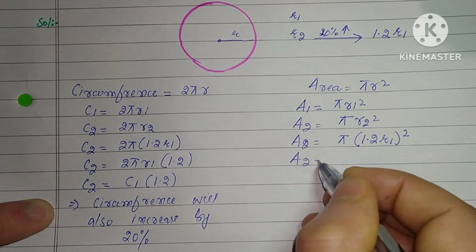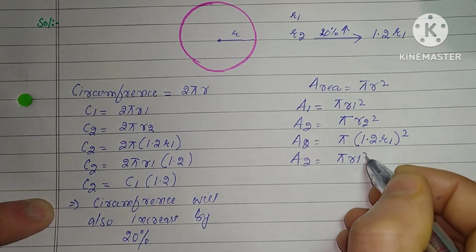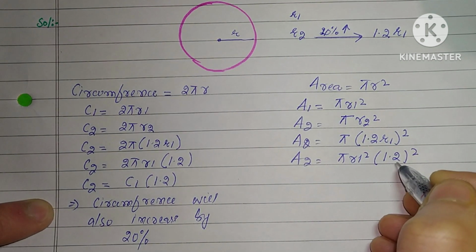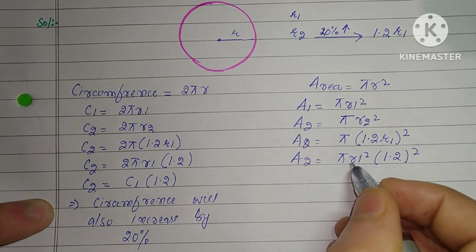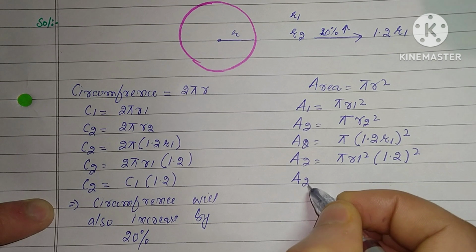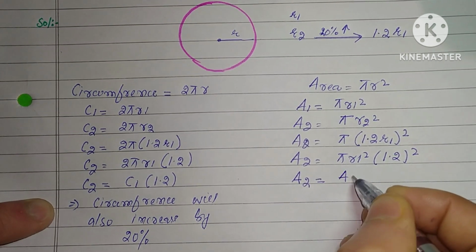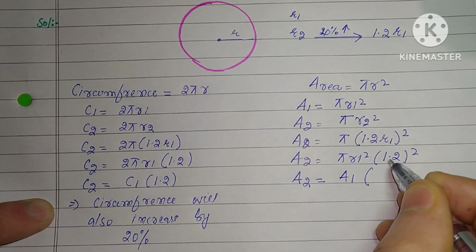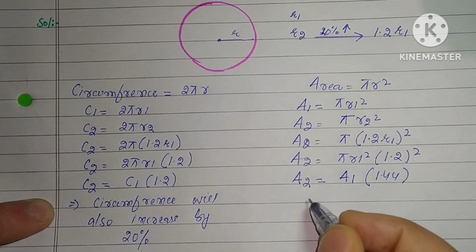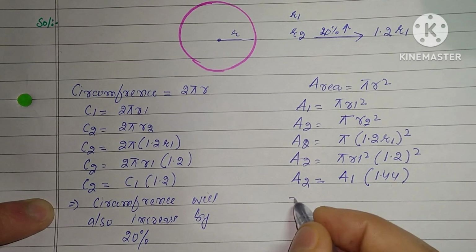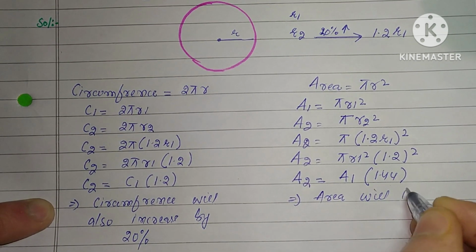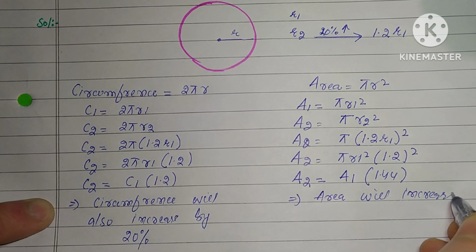So the new area will be pi r1 square times the factor 1.2 square. 1.2 square is 1.44, and pi r1 square is the original area. Hence the area will increase by 44%.